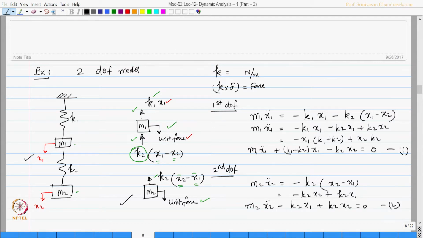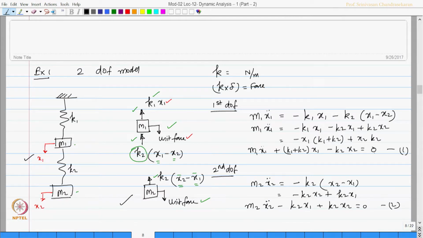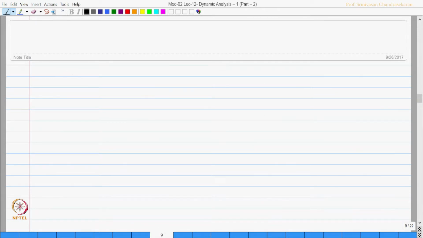I can also write them in a matrix form, because computer methods require a simpler method of representing these equations. Let us say equations 1 and 2 will be represented in matrix form. Let me write the equations first. m1 x1 double dot plus (k1 plus k2) of x1 minus k2 of x2 is 0, that is the first equation. The second equation is m2 x2 double dot minus k2 x1 plus k2 x2 is 0.